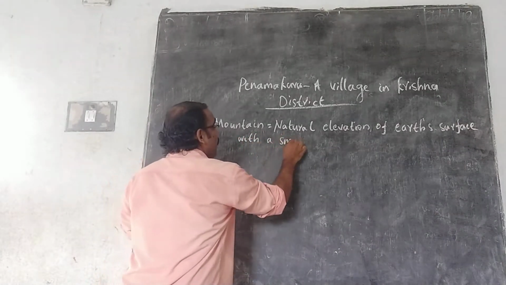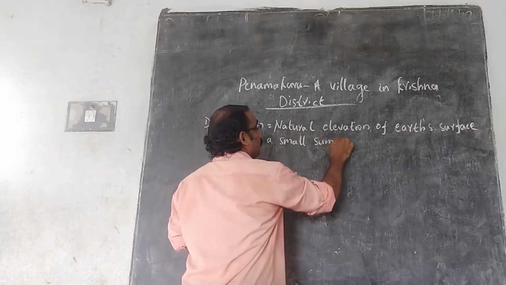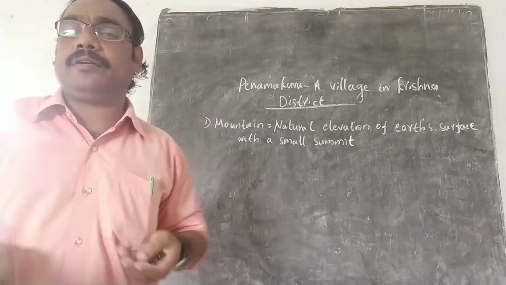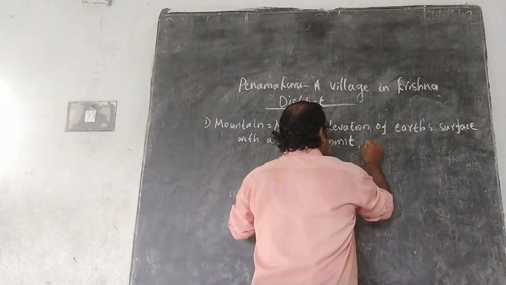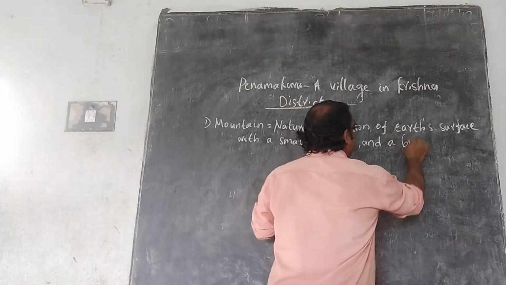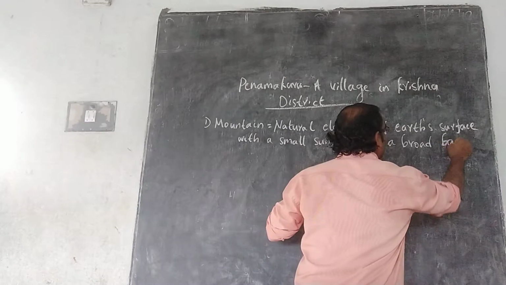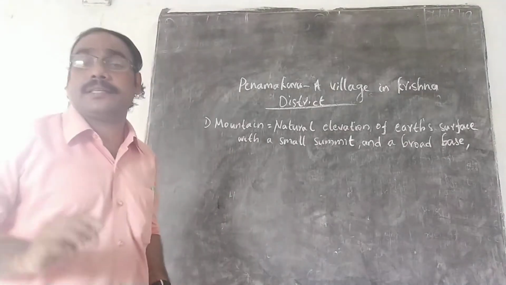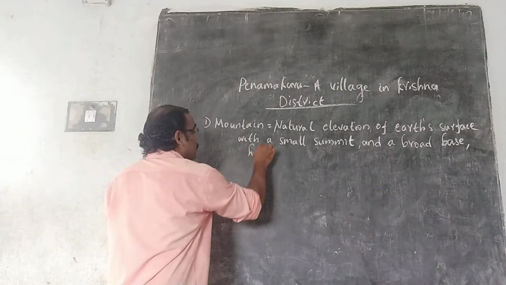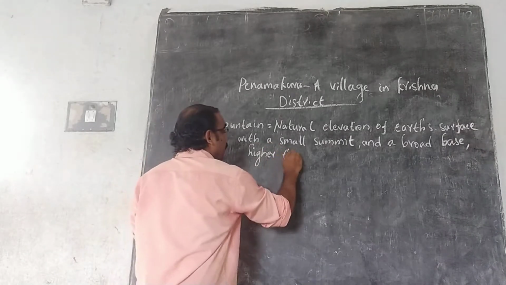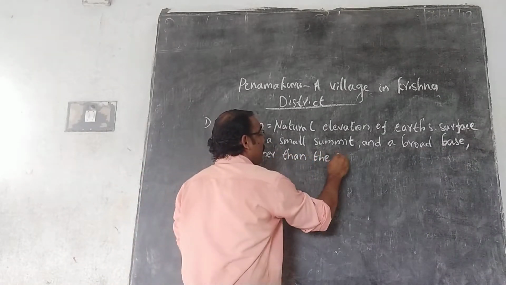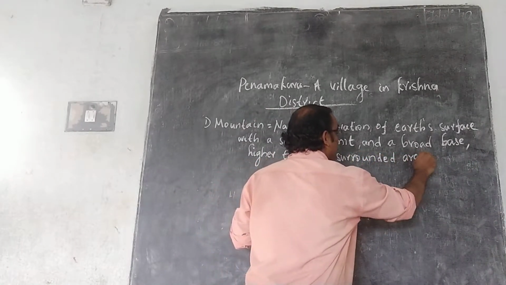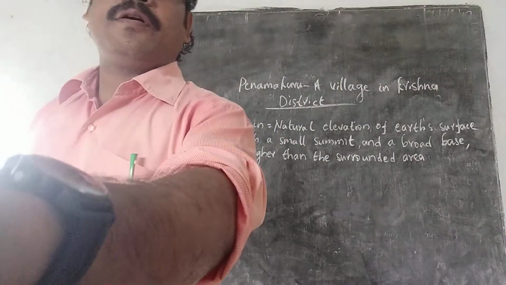Summit means a little height. And a broad base, which means somewhat elaborated. Higher than the surrounded area, so it will be somehow higher than the surrounded area. That is the definition of mountain.